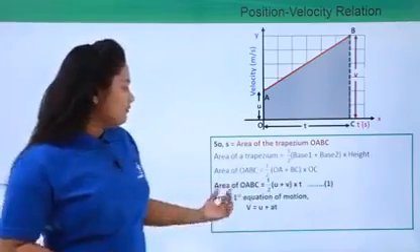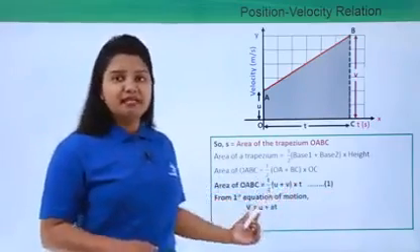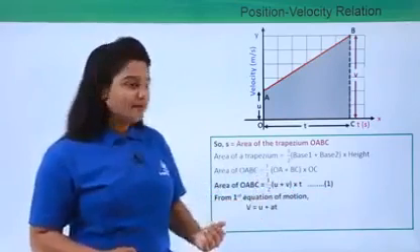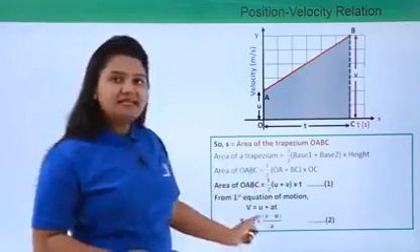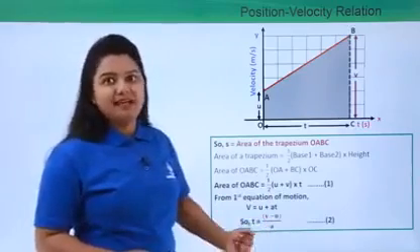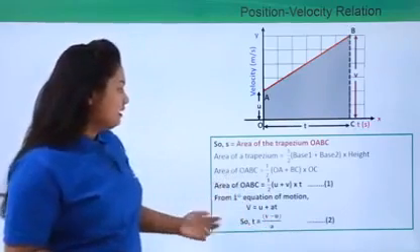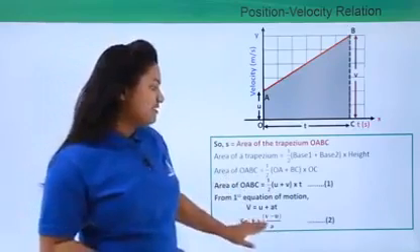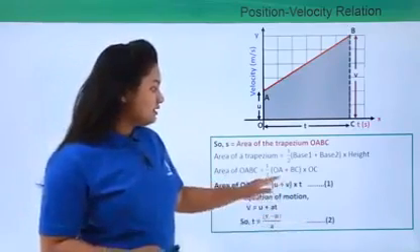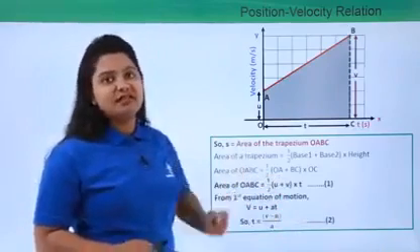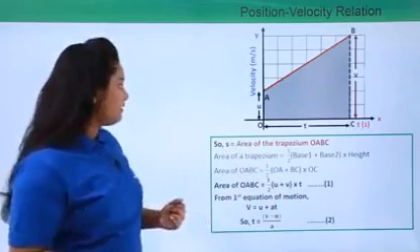Now from the first equation of motion, we have v equals u plus at, from where we can find the value of t as (v minus u) by a. Let us take this expression as equation number 2. We will be using these two equations to arrive at our third equation of motion.